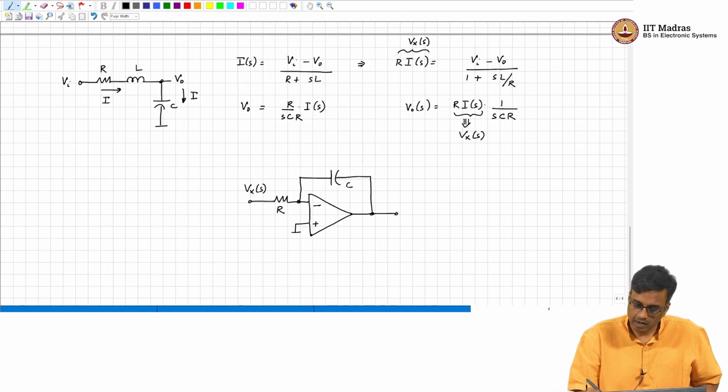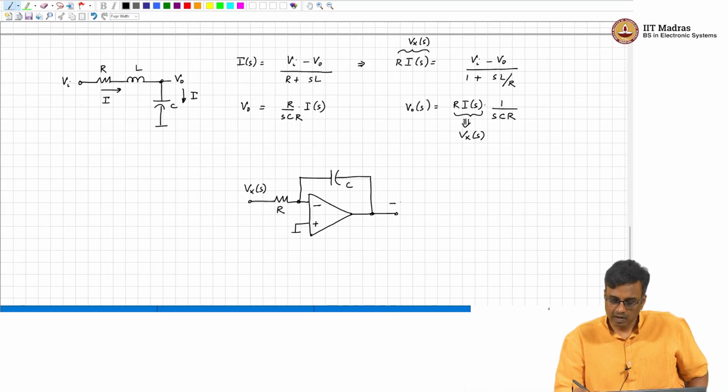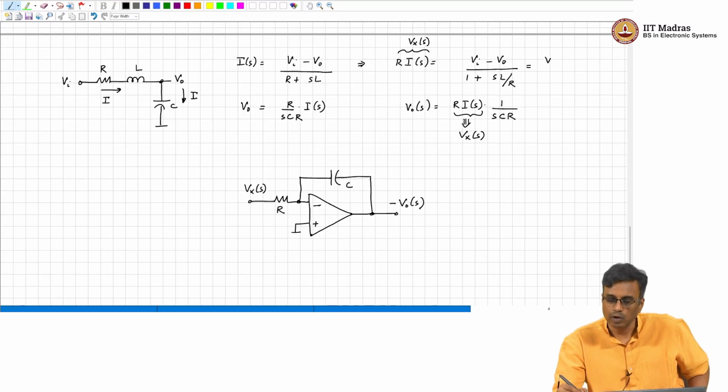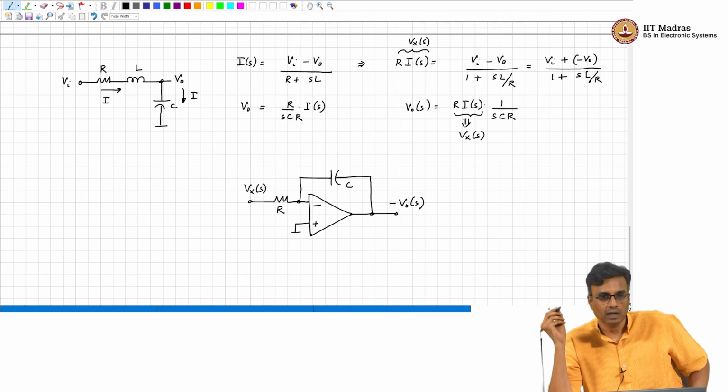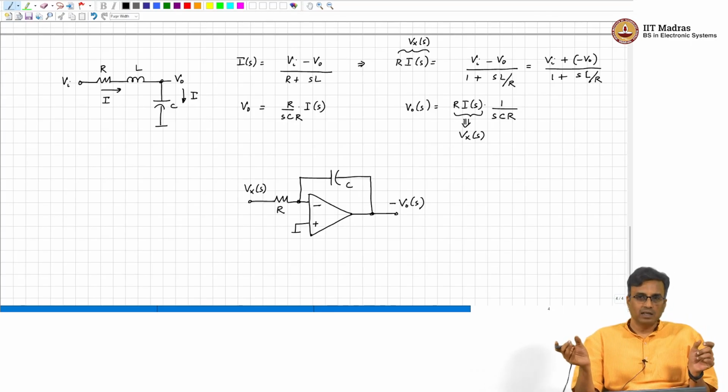This is R and C. So, this is going to give us minus Vo of s, correct. But then what we need is Vi plus minus Vo by 1 plus SL by R, correct. So, what do we need to do? We need to add Vi with minus Vo.